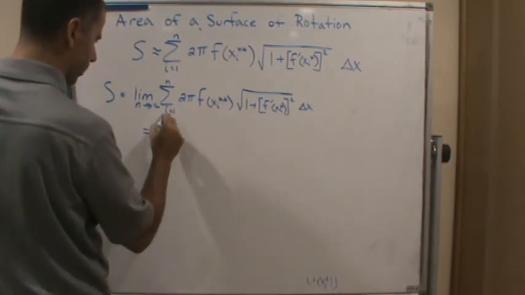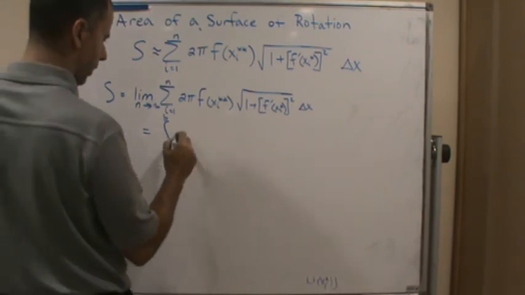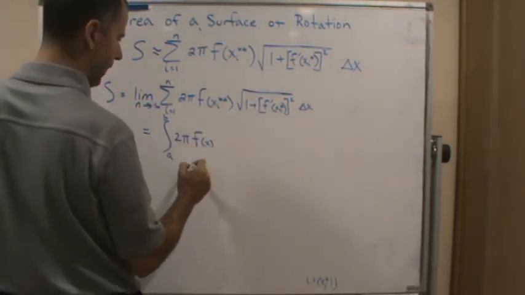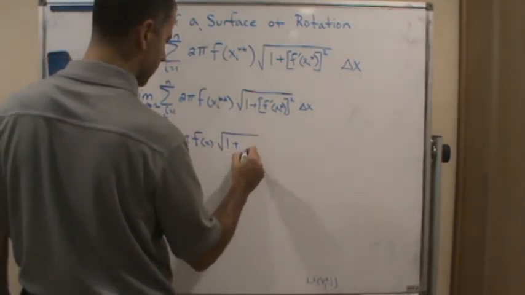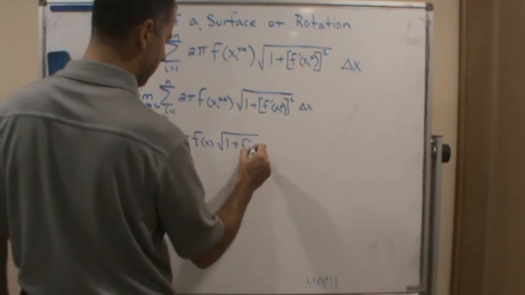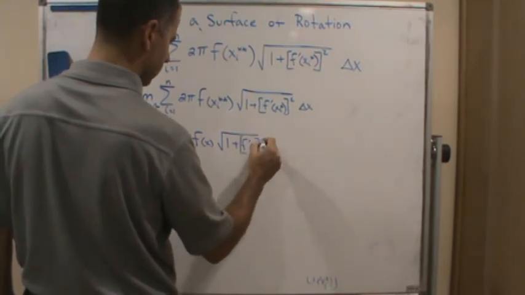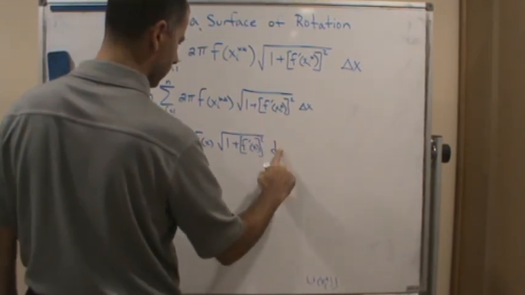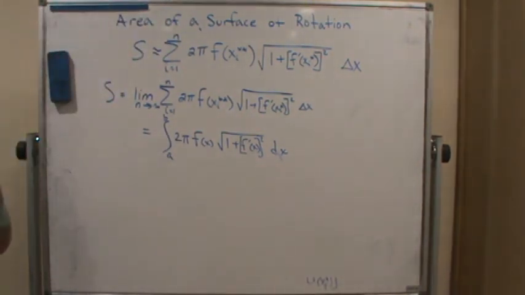And we get the integral from a to b of 2 pi f of x times 1 plus f prime of x quantity squared dx.